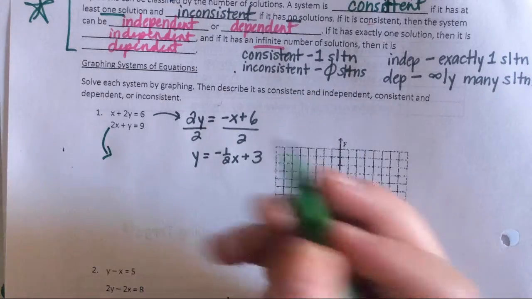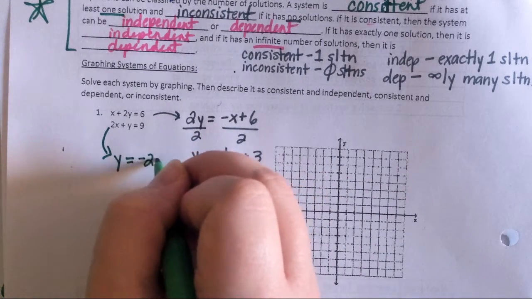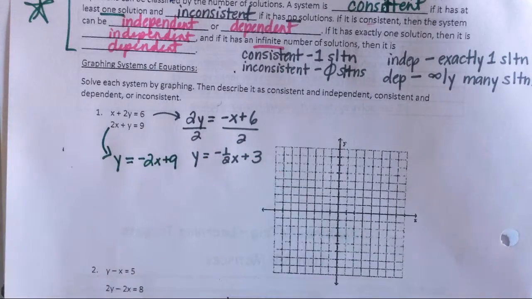Okay, well then with the bottom equation, if I subtracted 2x, I would have y equals negative 2x plus 9. Are there any questions about that bottom equation? So what we're looking to see is, do they cross? Because if the two lines cross, that's where that solution is going to be.